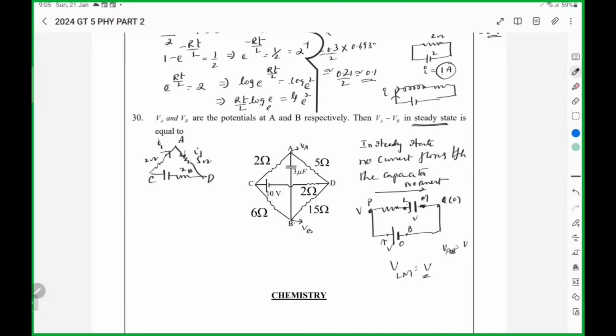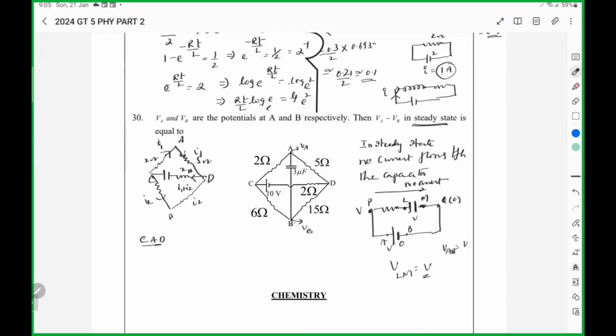Here also I1, because this is steady state, no current flows through the 3 microfarad capacitor. And I2 current flows through it. Again here the same current: here I1, here I2, and here I1 plus I2 flows through it.